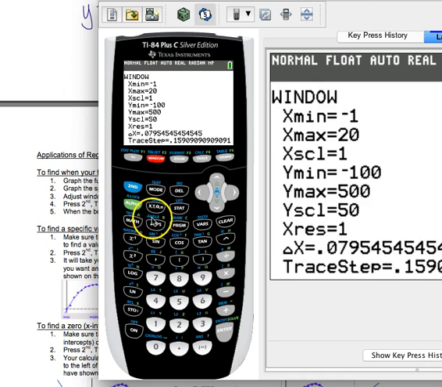But if you've changed your window, then here it is. This window should work for us. So x is going from -1 to 20, counting by ones. The y is going from -100 to 500, counting by 50s. We never changed the rest of that stuff. So if you adjust your window to this, it should look pretty good.